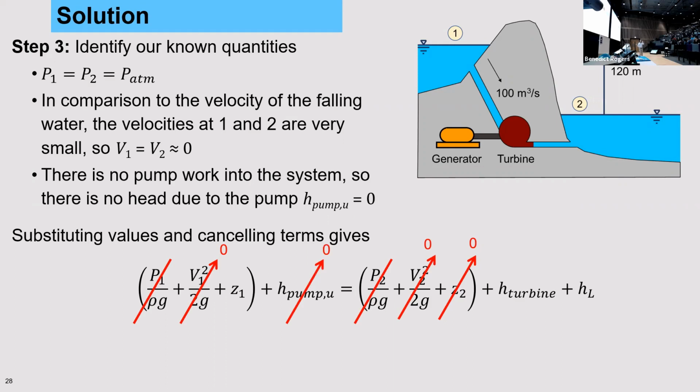The useful pump head is 0. And so we are left with a very simple equation. Z1, which is the height of the water above our datum, must be equal to the turbine head plus the mechanical losses. That's the mechanical head loss.